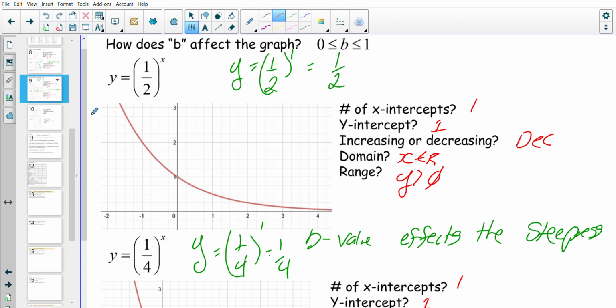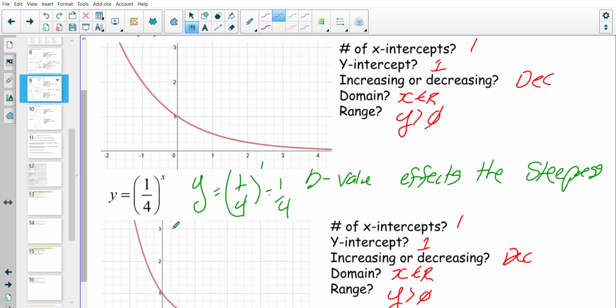If our base or b value is a fraction, our exponential curve will be going down instead of up. Our number of x-intercepts, y-intercepts, domain and range are all going to remain constant, but now we are decreasing, and the smaller our b value, the steeper our curve.